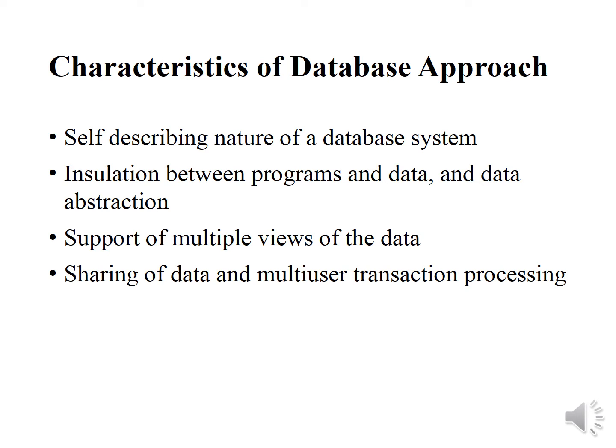If you are making a change at the database level, that change should not affect the application programs. Or if you are increasing or decreasing the application programs, that change should not affect the database. So this is known as program data independence.